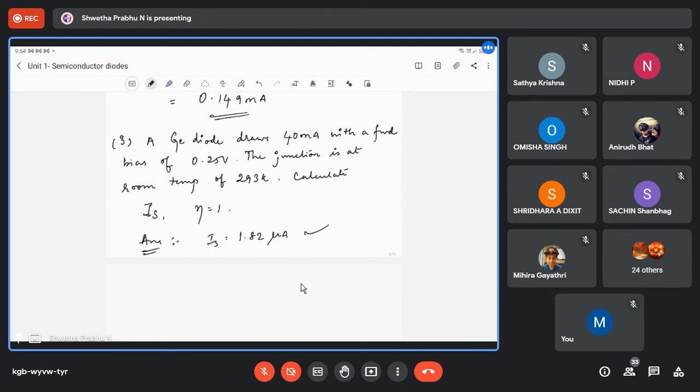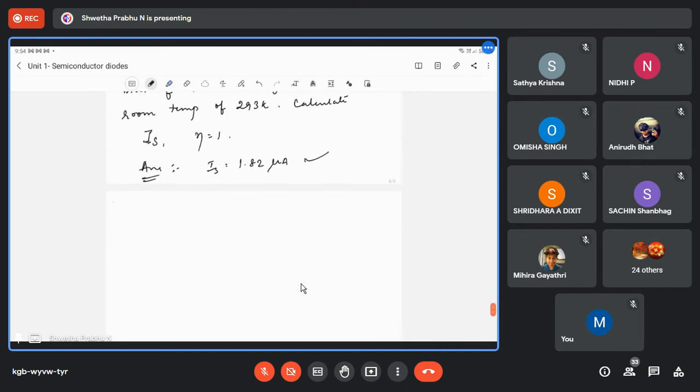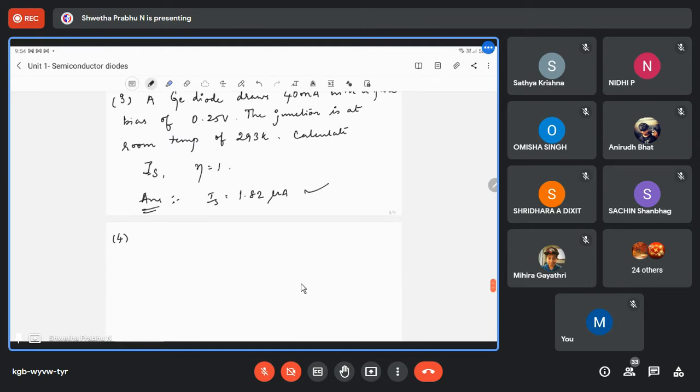Take down. Next, we will solve numericals on temperature effects of PN junction diode. Okay, take down fourth question.